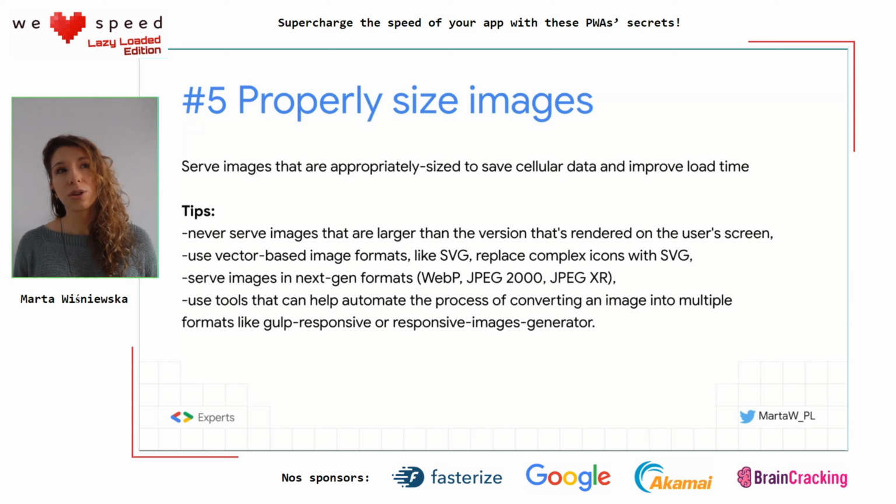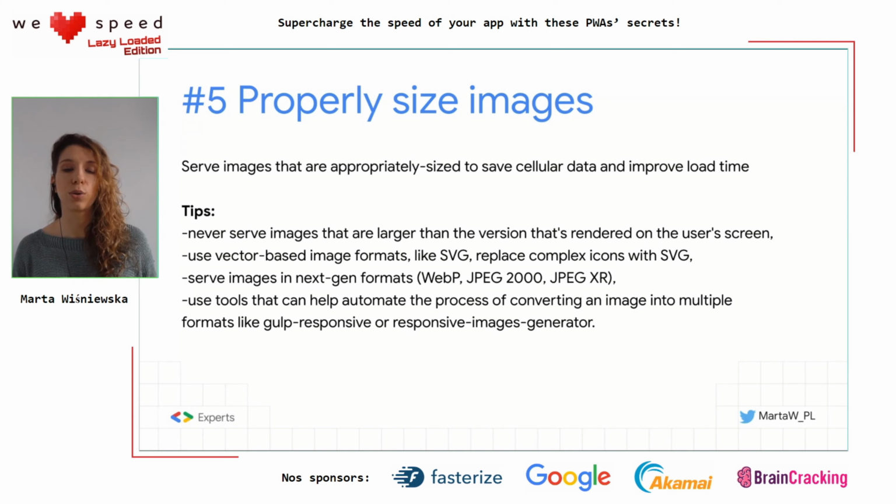And it's a good technique to add different versions for different devices, like mobile and desktop. If we switch to formats, apply SVG and replace complex icons with SVG. And remember about next generation formats like WebP, because they have much better quality and compression compared to, for example, PNG or JPG.